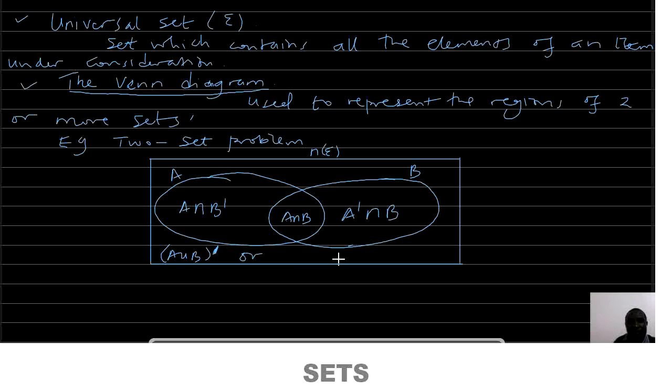For the region outside here, it means we don't want A, we don't want B. So these two things are equivalent. Sometimes this is B only, as you are going to encounter those. This here is A only. You cannot find any member of B in this region. This here is the intersection, and outside here is the complement of the union.